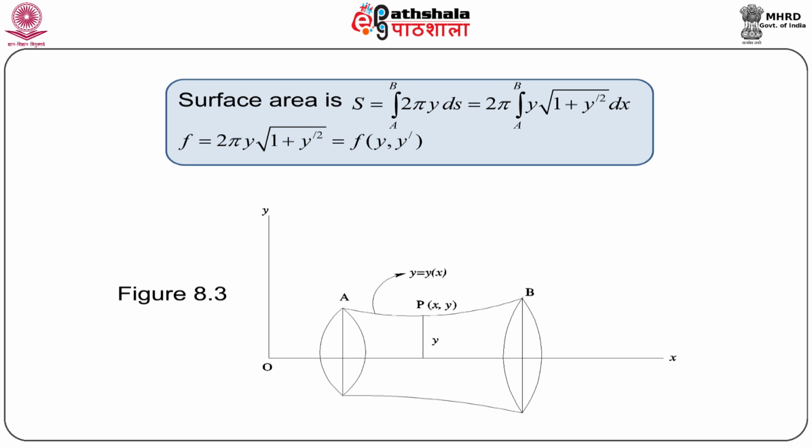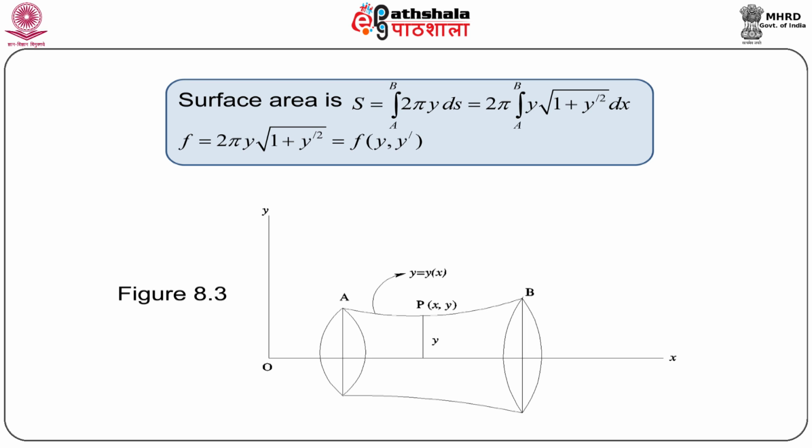Now, let us calculate the surface area. Surface area is given by S equal to, we have to integrate between capital A to capital B, 2 pi into y ds. From the formula of area, we get it. If we put the value of ds, we get this one.